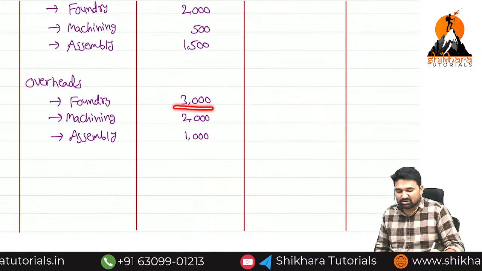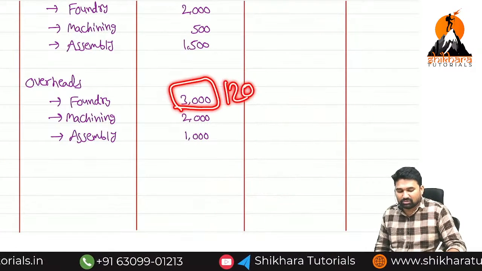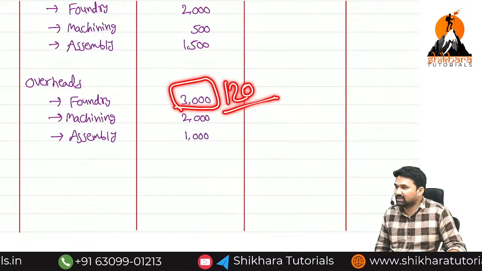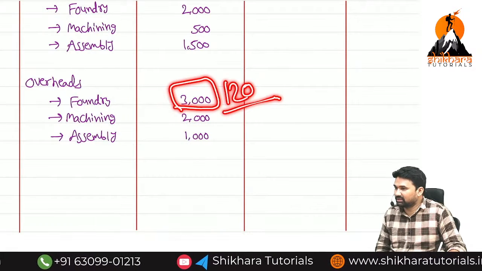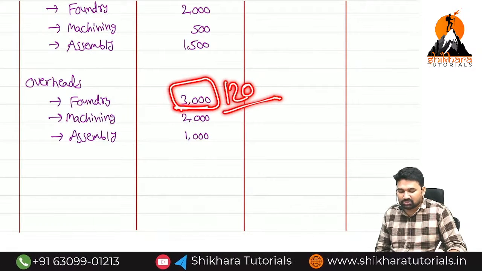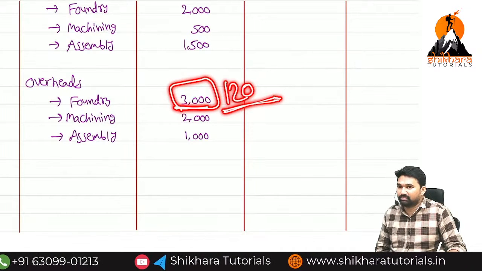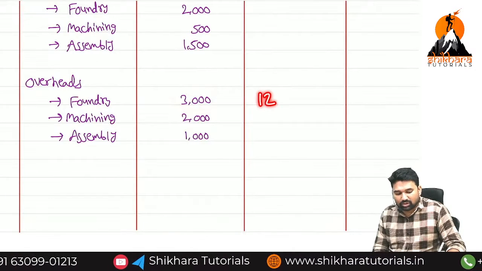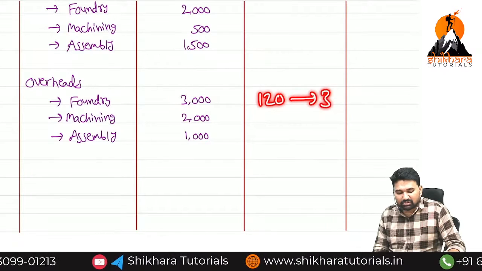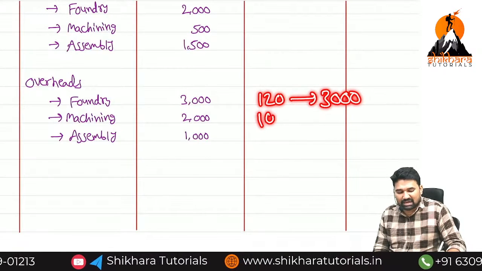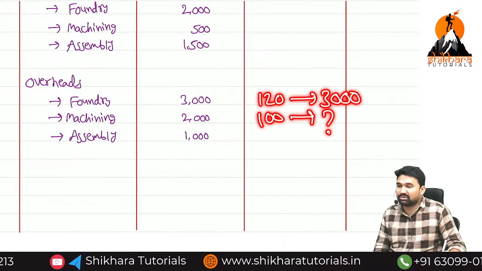So this 3000 is equal to 120. Listen, don't calculate yet. This 3000 is equal to 120. So if 120 is equal to 3000, 100 is equal to how much? Calculate.